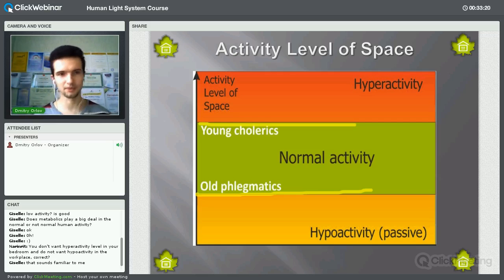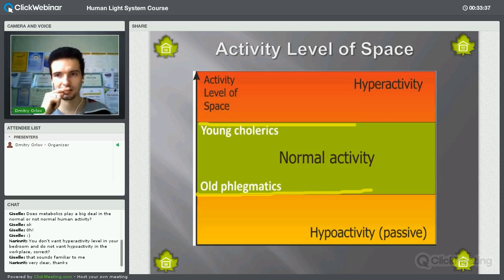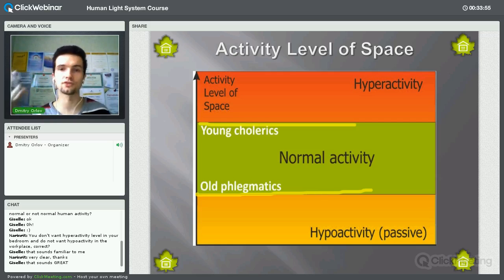Well, some of such things are familiar to some of you. For some of you, hypoactive spaces are more familiar; for others, hyperactive spaces. But anyway, one thing about the interaction is that you can also affect the space yourself. And of course, there are some people on Earth, even now in Kali Yuga, in our dark age, who are capable of transforming the space energy.